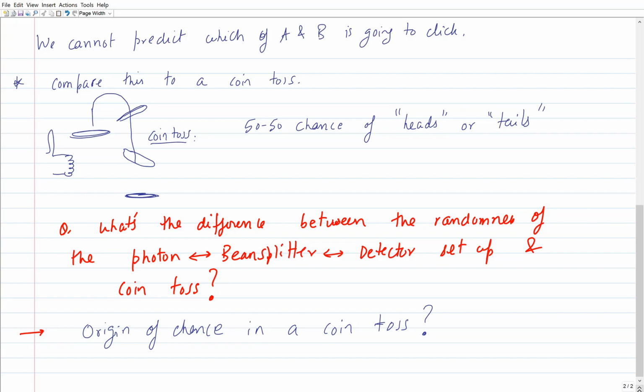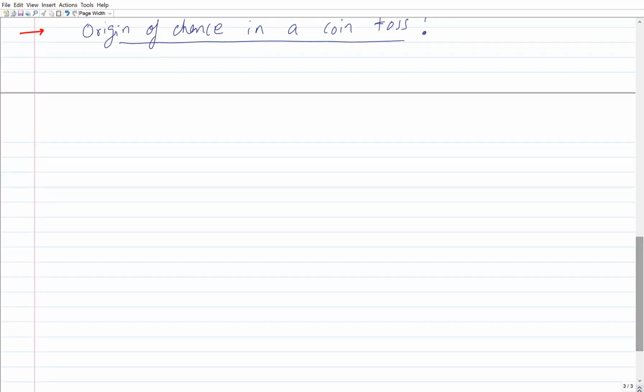How would you answer this question? Think a bit on this problem. Is there anything fundamental about the randomness of the coin toss? That's my question. Well, the answer, if I may say, is the missing information.